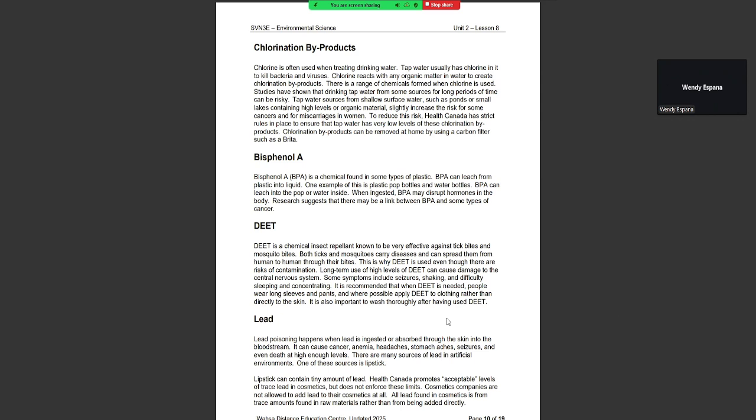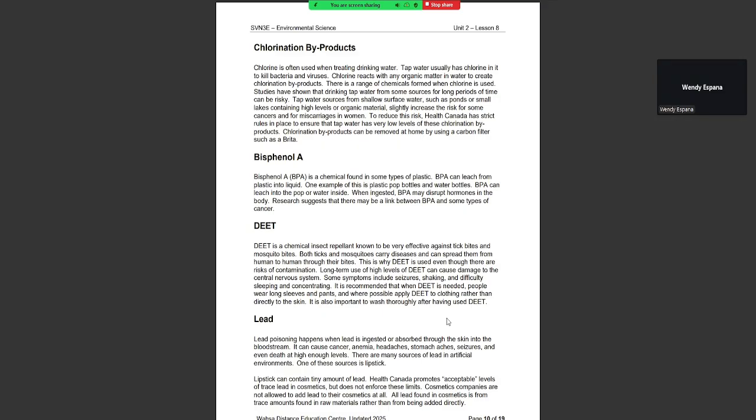However, if you're using a lot of DEET to prevent that, you could also have issues with that. It can cause damage, in particular, to the central nervous system. So it can cause you to have seizures, or shaking, things like that.